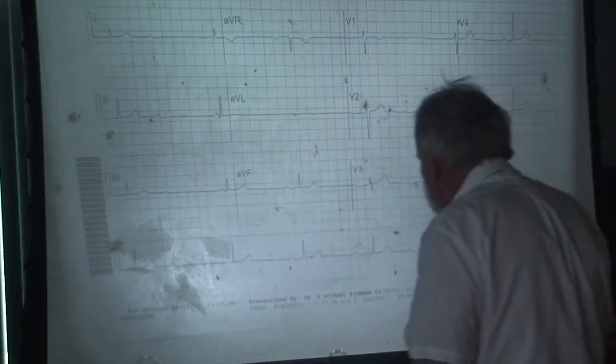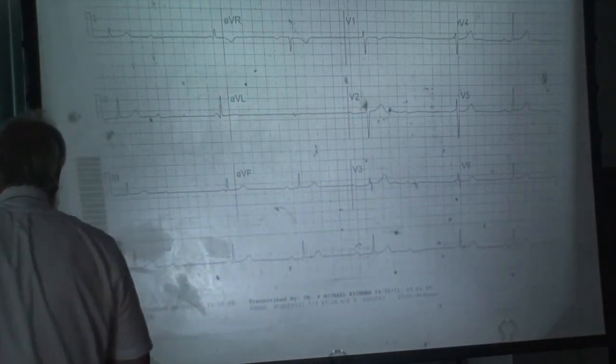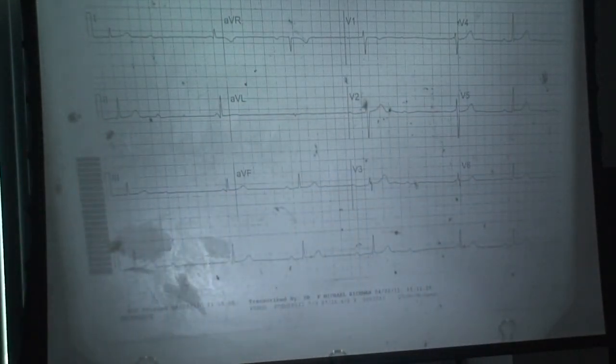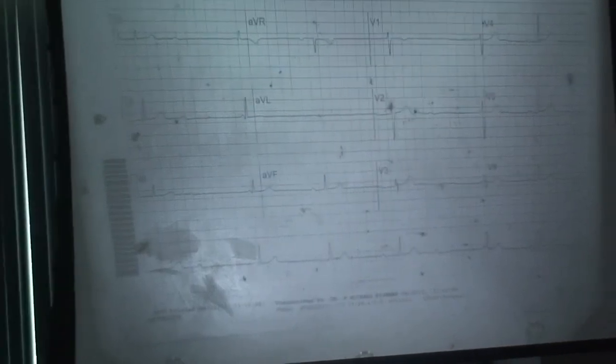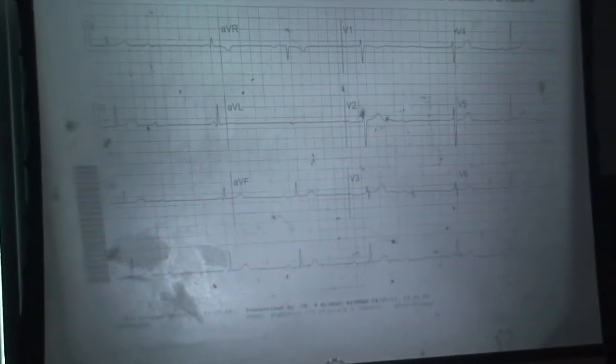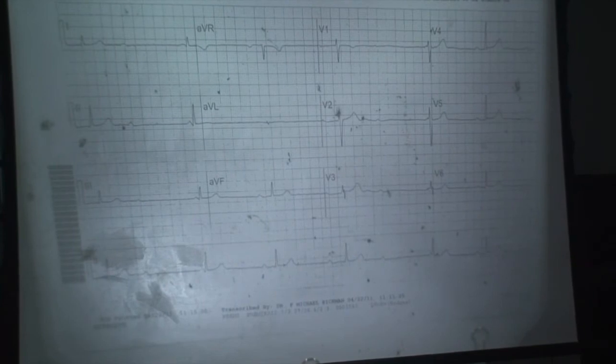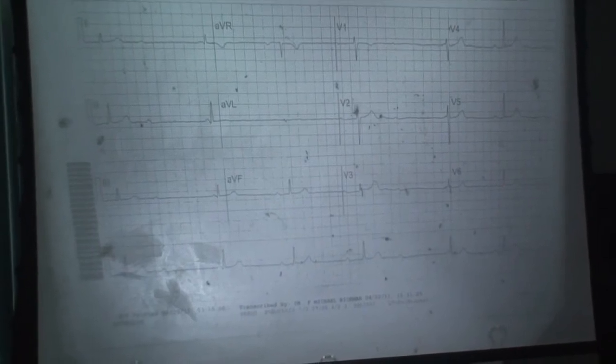I'll try to show you an example of what I think is third degree. Here's your example, Dr. Arndt. Everybody see the difference?